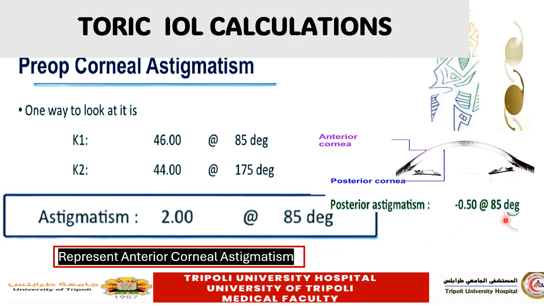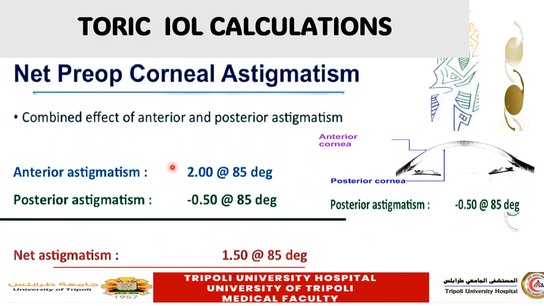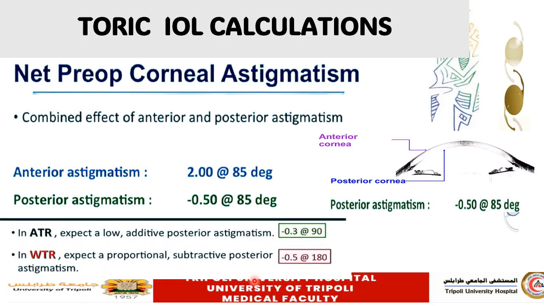So the total power of his cornea will be equal to the algebraic sum of the anterior surface of the cornea and the posterior surface of the cornea. So the total astigmatism of this patient will be around plus 1.5 diopters at the axis of 85 degrees. Now, just keep in mind that if your patient has with-the-rule astigmatism in the anterior surface of the cornea, the posterior surface usually has against-the-rule astigmatism, so the net power of this patient will be reduced by about 0.5 diopter in the axis of 180 degrees.